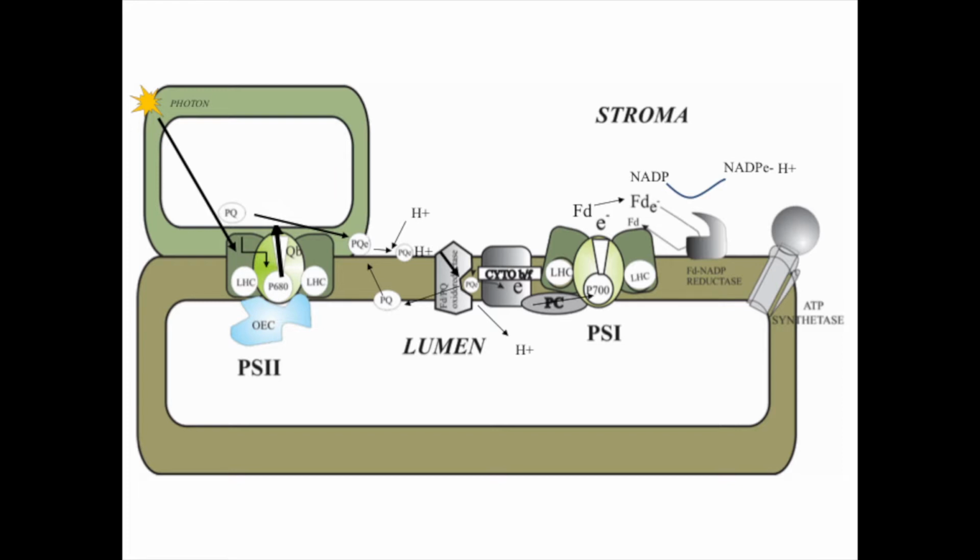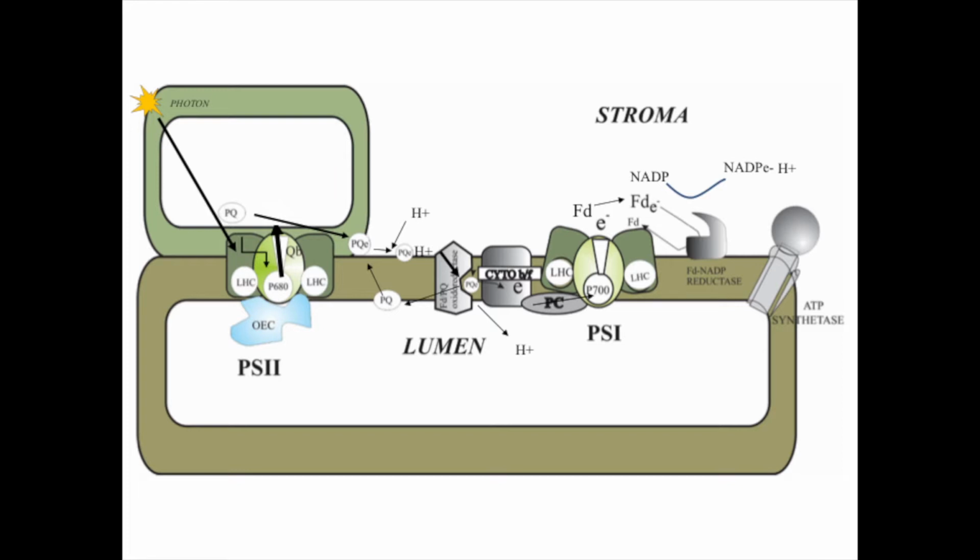Energy is passed to the reaction center chlorophyll, P680, and once again, the electron carrier proteins take this excited electron, move it to the outer membrane leaflet, where it is picked up by plastoquinone, or PQ. PQ, with an extra electron, now attracts a proton from the stroma.